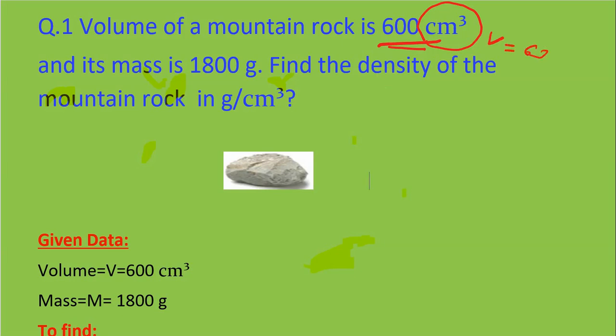So V is equal to 600. And gram is the unit of mass. So that 1800 is basically the mass. Find the density of the mountain rock in gram per cubic centimeter. So we have to calculate density in this question.